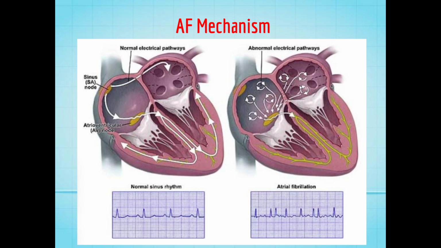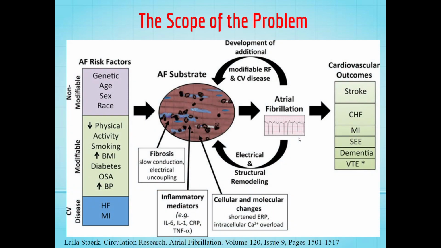Many impulses will reach the atrioventricular node and that will govern how fast the lower chambers, the ventricles, will contract and how fast your heartbeat will be. Therefore, atrial fibrillation risk factors induce structural and histopathological changes to the atrium that are characterized by fibrosis, inflammation, cellular and molecular changes.